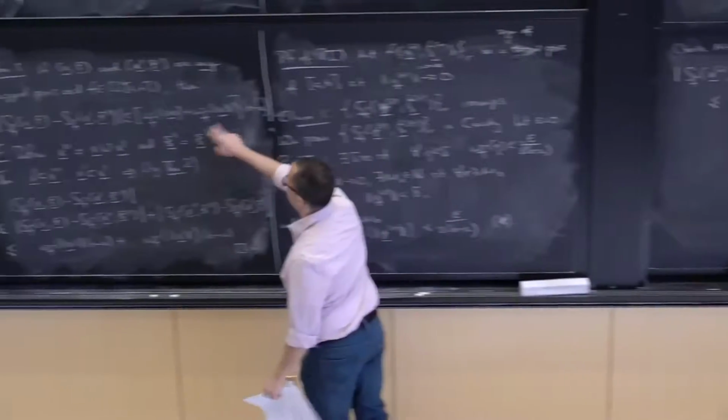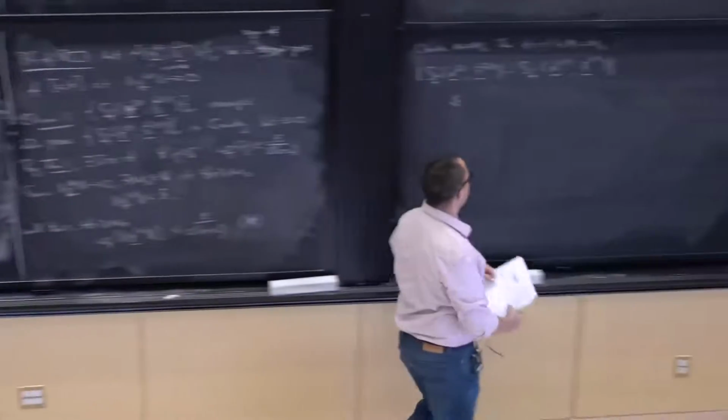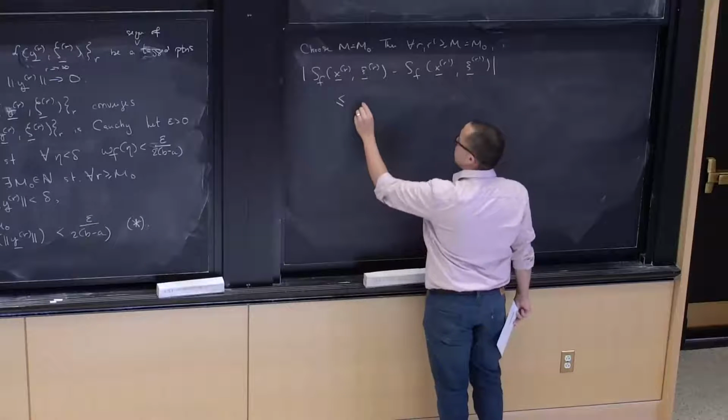Is bounded by the sum of the modulus of continuities evaluated at the norms times b minus a.